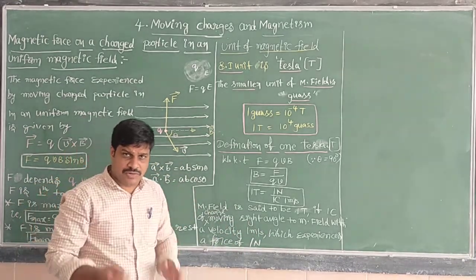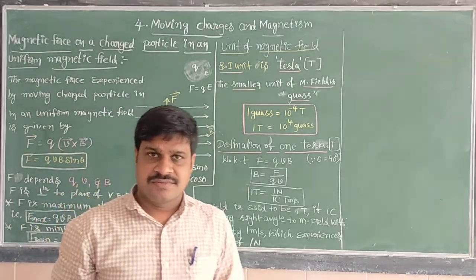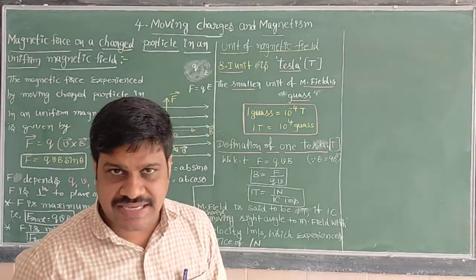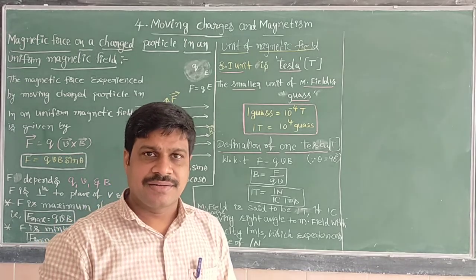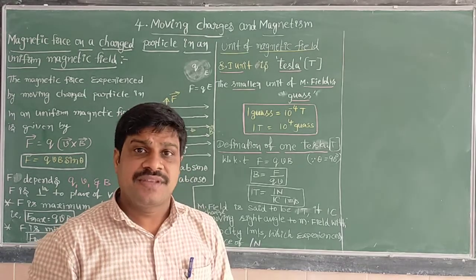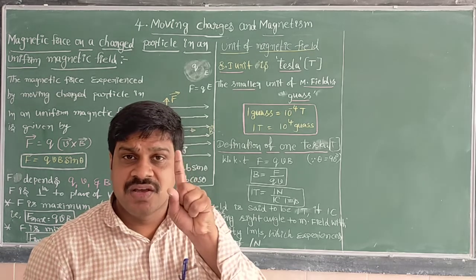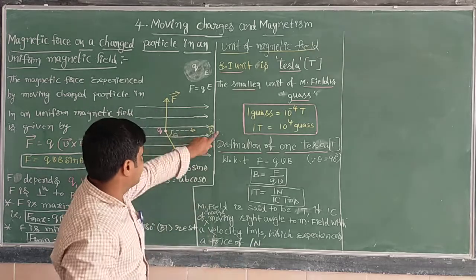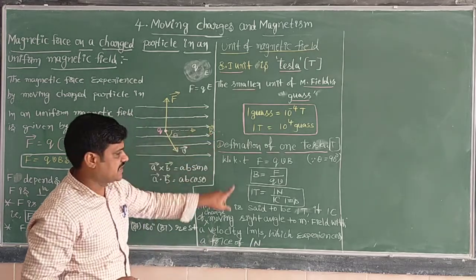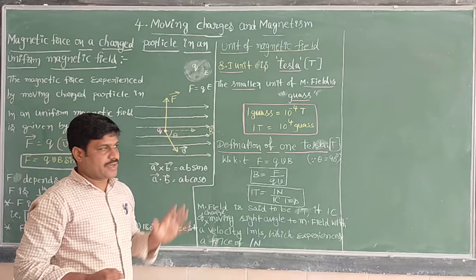When 1 coulomb of charge moves with a speed of 1 meter per second, at right angle to the magnetic field, if that charge experiences 1 Newton force, then the magnetic field there is said to be 1 Tesla.